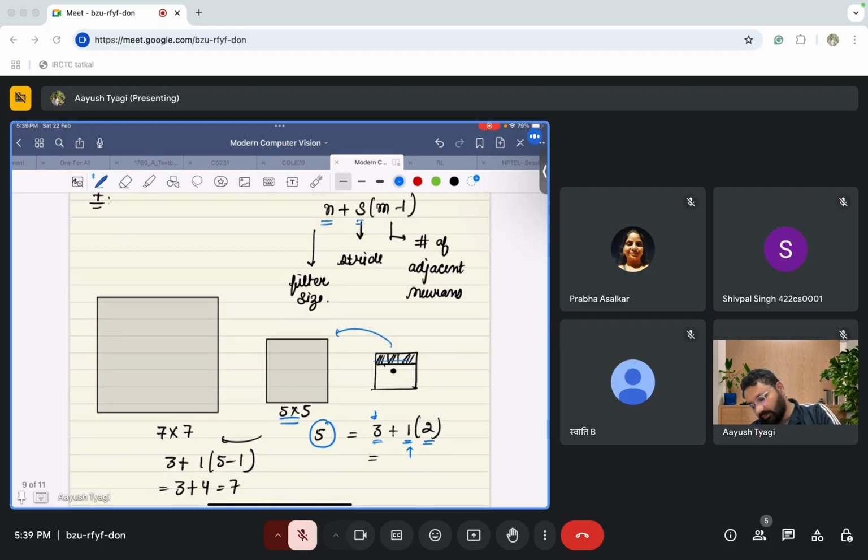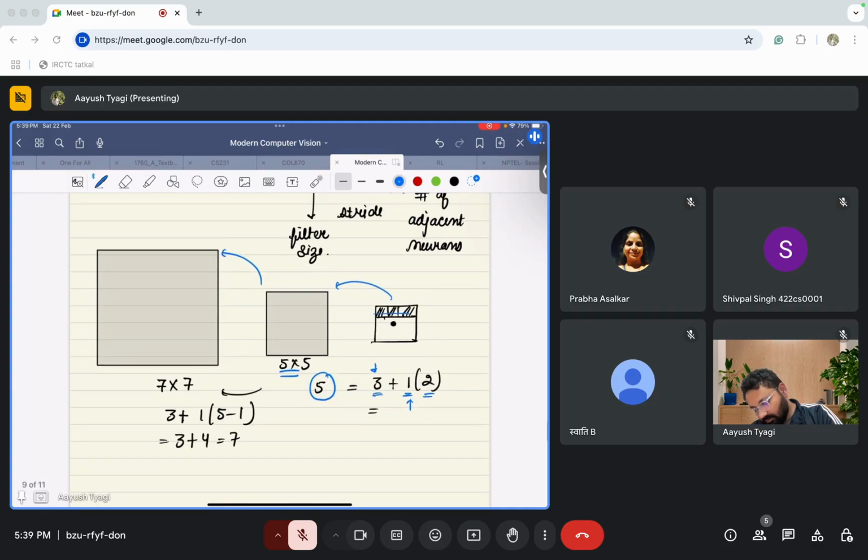When we move a step back again, you have a filter size of 3, stride of 1, and in the previous case you have 5 adjacent pixels. So 5 minus 1 is 4, and you have 7. So the receptive field is 7 cross 7 in this case.